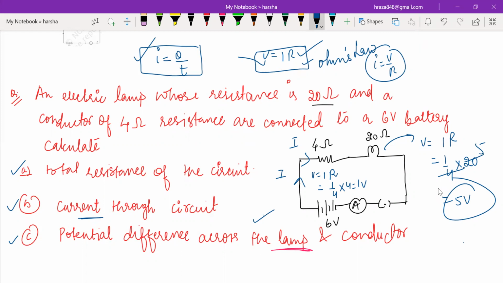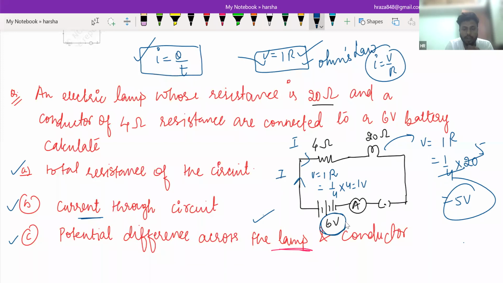Yes, sir. And always remember that in a series combination, if you calculate individual potential differences and want to cross check whether they are correct or not, you can see the total potential difference. The voltage that the battery is providing is 6 volt.